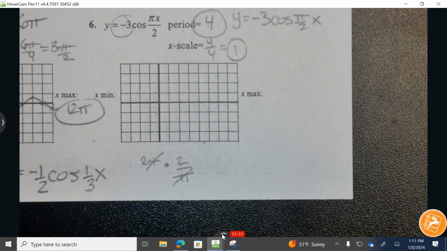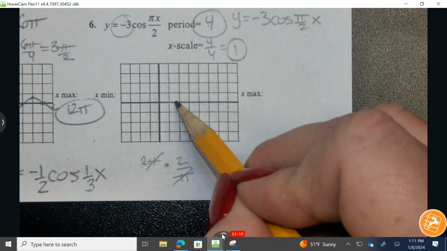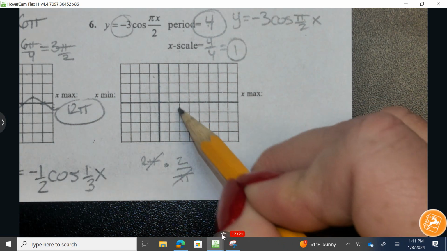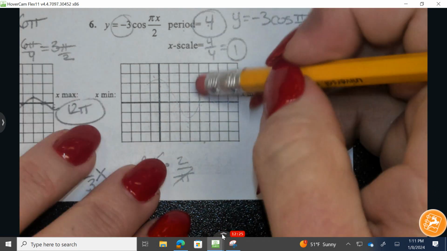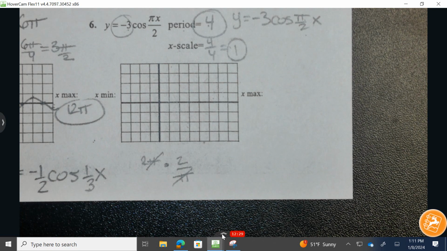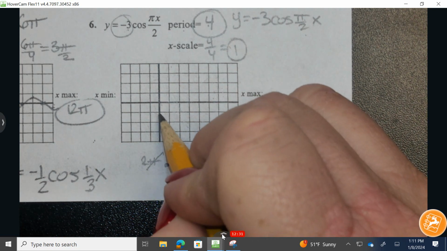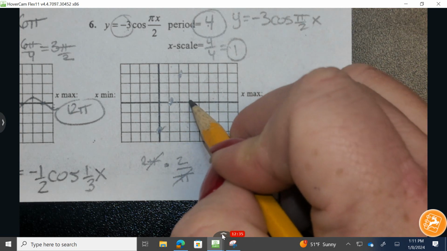Now, out front is a negative 3. So just like number 5, instead of going hill, valley, hill, and making this basic shape like it normally makes, we're going to reverse it. And we're going to stretch it by a factor of 3. So I'm starting down 3. 1, 2, 3. Coming up, and then back down again.